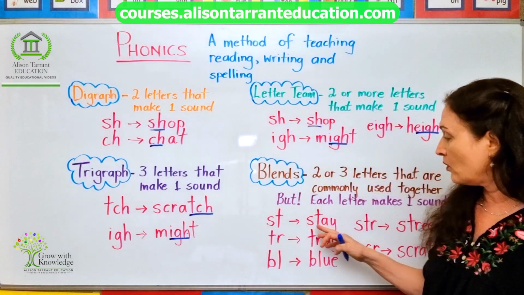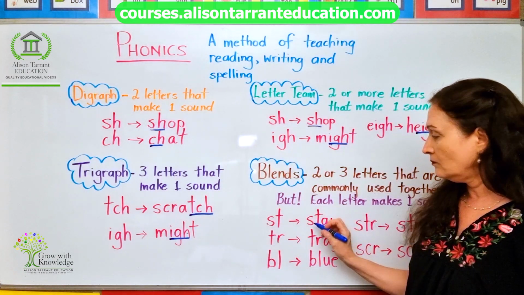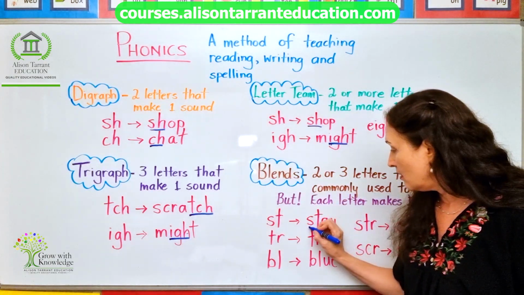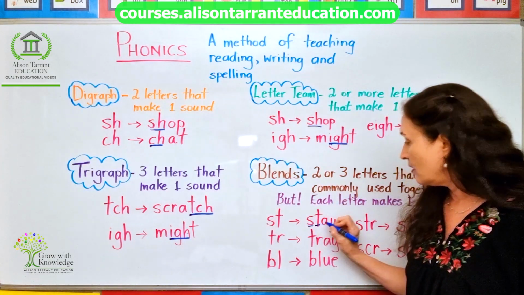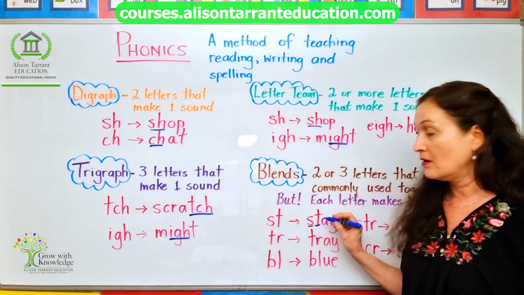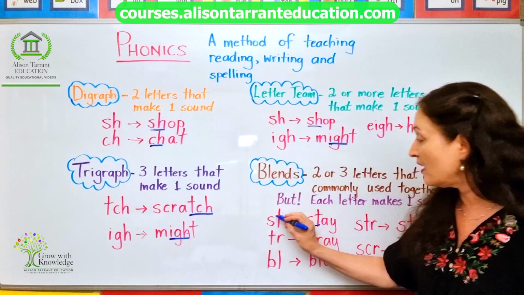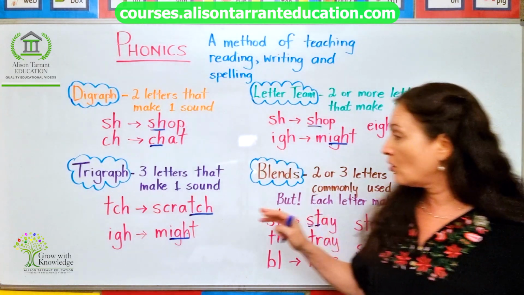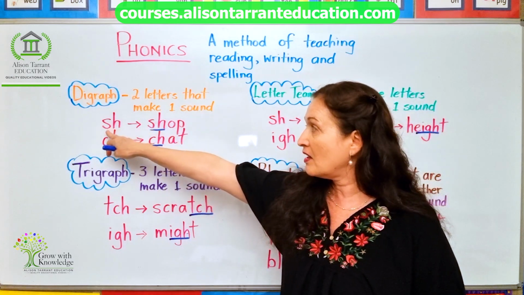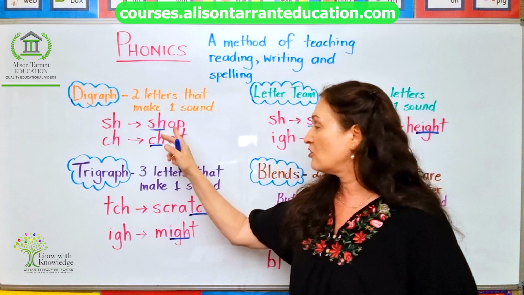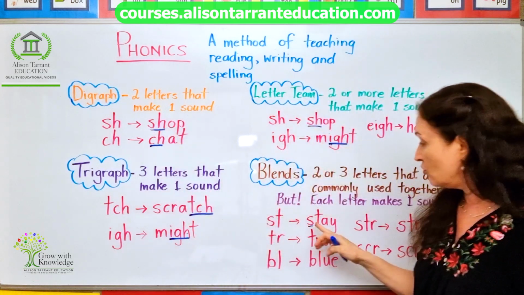So when you say the word stay, the ST is 2 separate sounds. S, T, A. This is a blend. So you blend these 2 sounds together to say the word. It's not like this here, the digraph. It's not like SH that makes 1 sound, which is sh. 2 separate sounds.